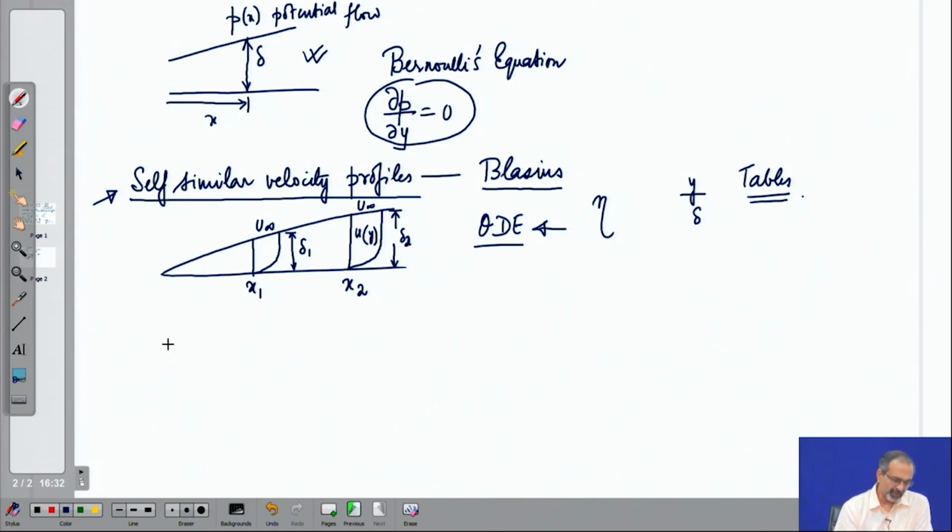So, all this while we are mainly talking about the incompressible boundary layer, but we briefly mentioned that at high speeds the boundary layers will become compressible, and we have discussed in previous lectures that the v square by 2 term becomes a very dominating term in high speed flows.